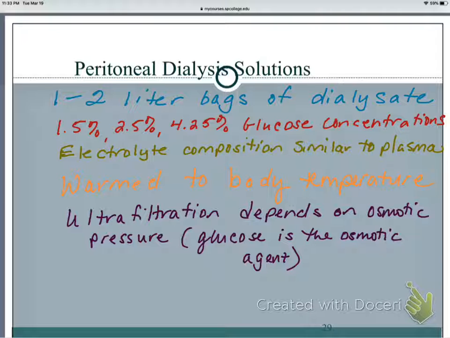The glucose is going to pull out fluid. So that's why they use high concentrations, to bring the fluid out. And they warm it to body temperature. So ultrafiltration uses the glucose as the osmotic agent. Like I said, it's pulling, okay, with a pressure gradient.